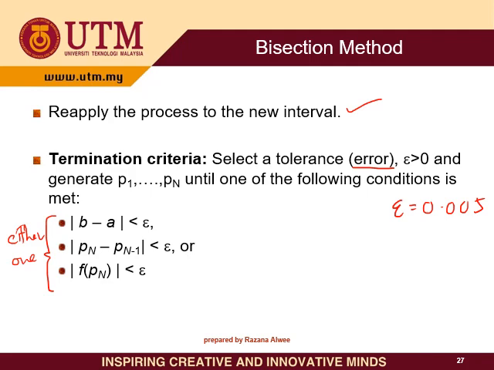So either one of these three is enough, if you find that it is less than the error that you have set. First, you can find the interval size between B and A, whether it is less than the error. If it is less, then you can stop the calculation. Okay.